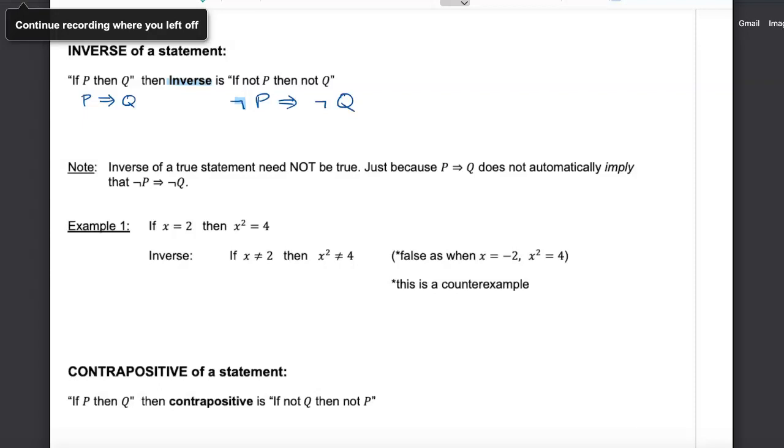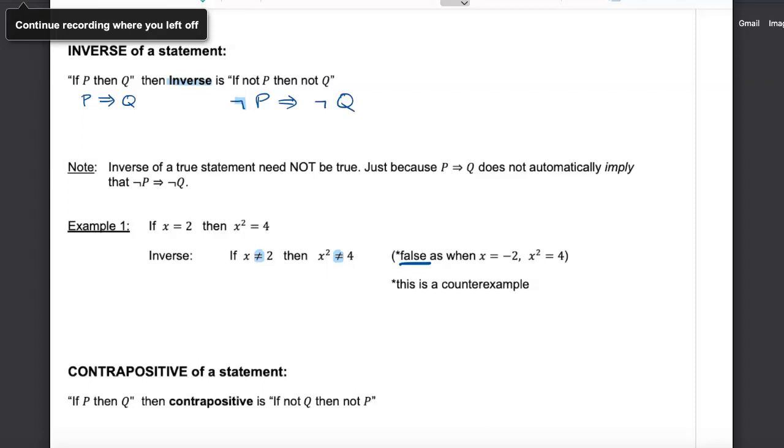Let's go back to our first example we had earlier. It said if x equals 2, then x squared equals 4. So the inverse would be if x does not equal 2, then x squared does not equal 4. Well, we know that this is false, because when x equals negative 2, x squared can still equal 4.